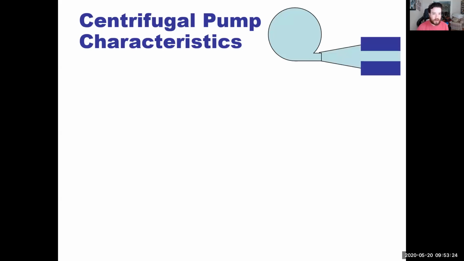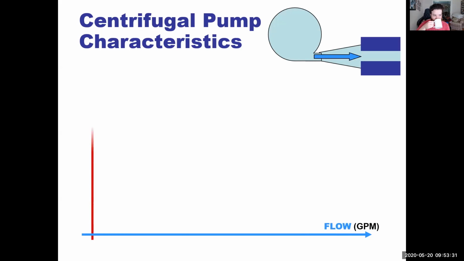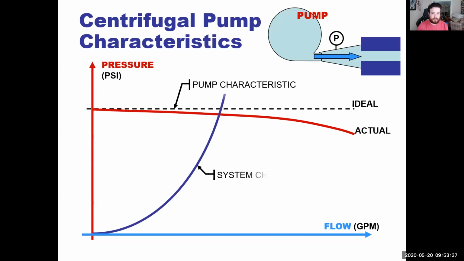So let's talk about pump characteristics. As we go through, this is our pump characteristic chart. These are important because they tell us so much information about what's actually going on.